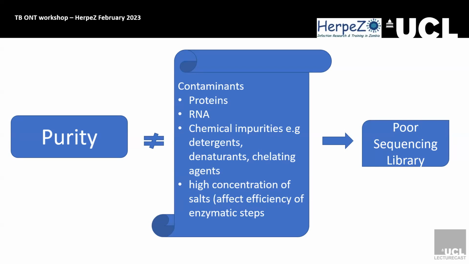Any impurities that may impede the functioning of the protein need to be eliminated from your sequence library once it's prepared. Things can start to block the pores if you've got large things, and things like salts can affect the ion currents. So ideally we want as much DNA and as low impurities as possible.